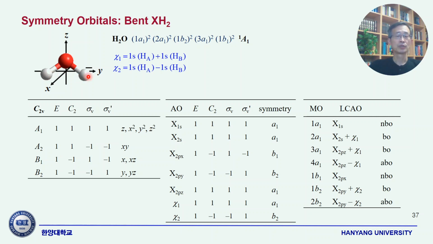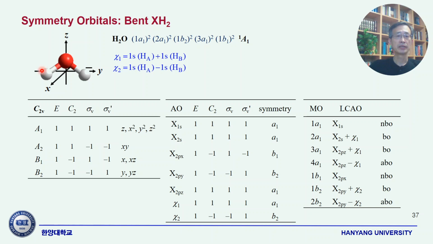So we need to make a linear combination, because 1s HA and 1s HB, if you rotate them, just exchange, and do not represent anything in terms of symmetry. So we have the combination 1s HA plus 1s HB, chi1, and 1s HA minus 1s HB, chi2.